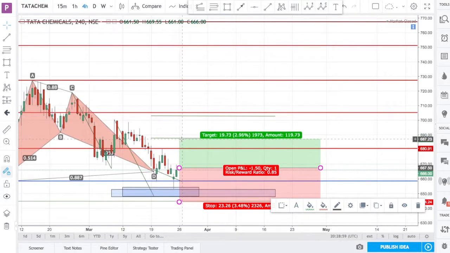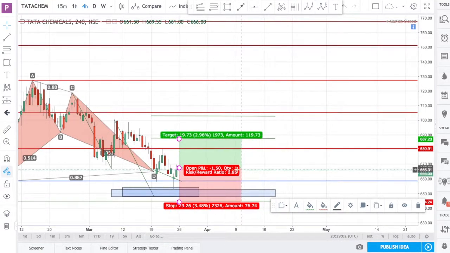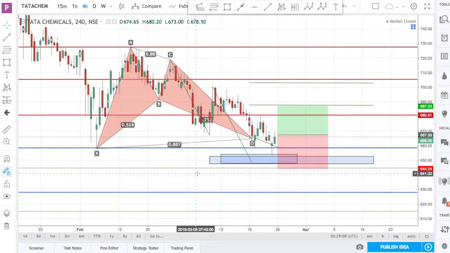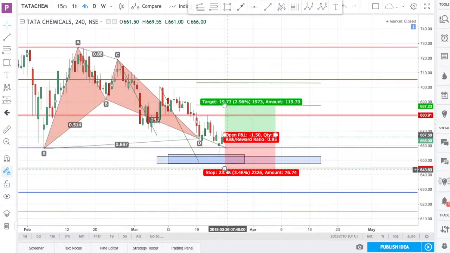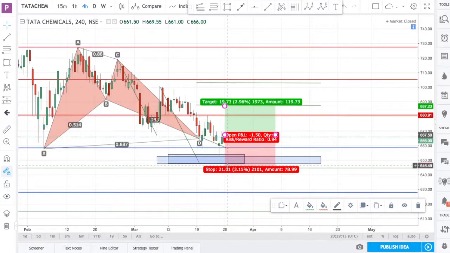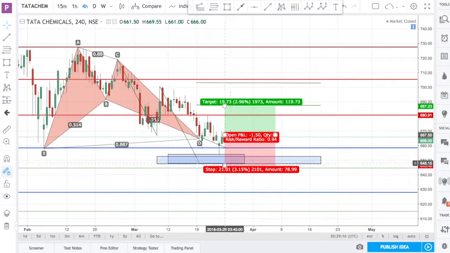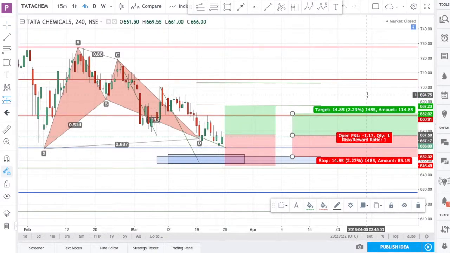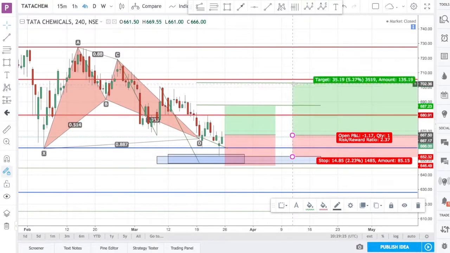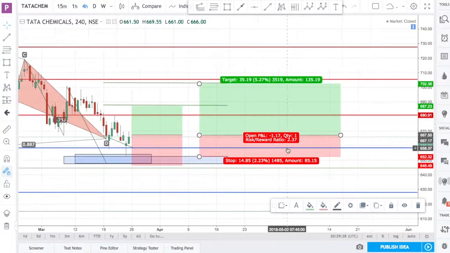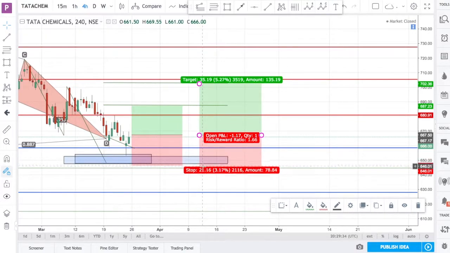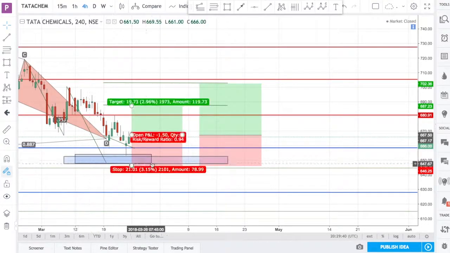Our first target would be this, with a stop loss just below this point, and our second target would be this, with a stop loss once again just below this zone right here.